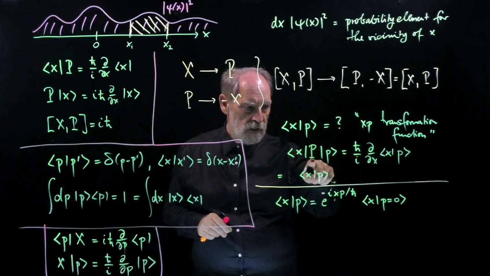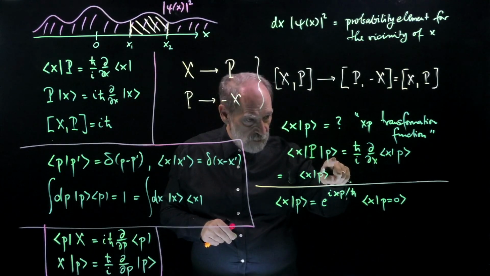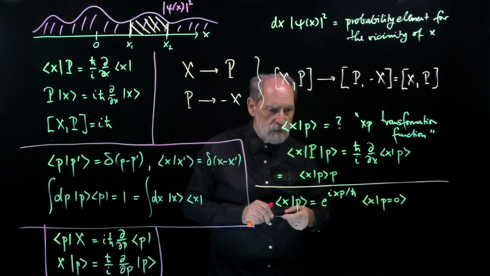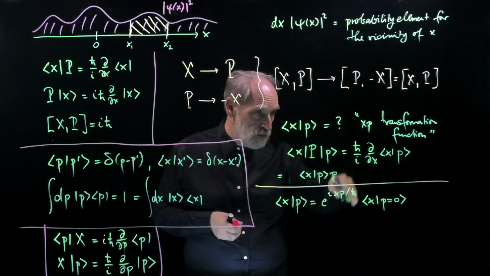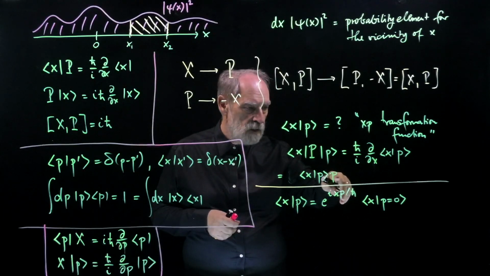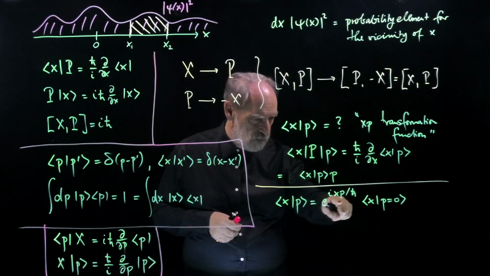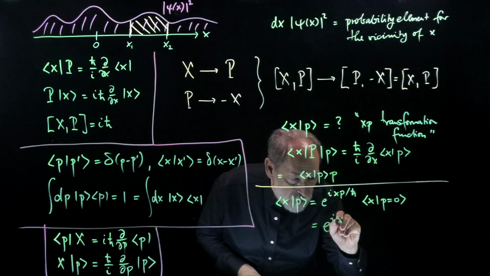And as I apply the momentum operator to the momentum ket, I get the number p. So, again, it's a differential equation where it says you differentiate with respect to x, you get the function back, but multiplied by i and p and divided by h bar. That's, again, exactly what this exponential factor does.